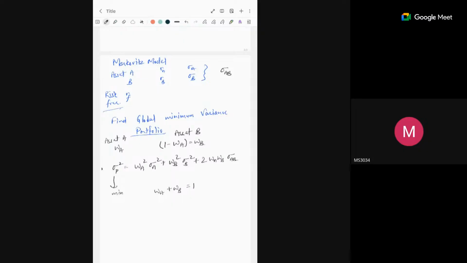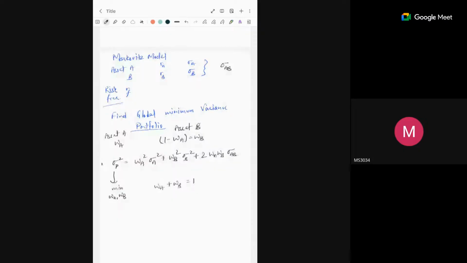Or you can directly incorporate it by replacing WB with 1 minus WA, and you just need to minimize this with respect to WA or WB. If you replace this equation in your objective function, then it will be only with respect to WA.